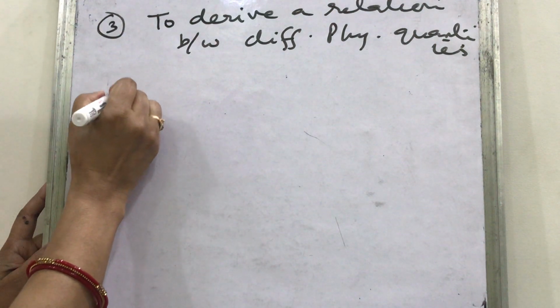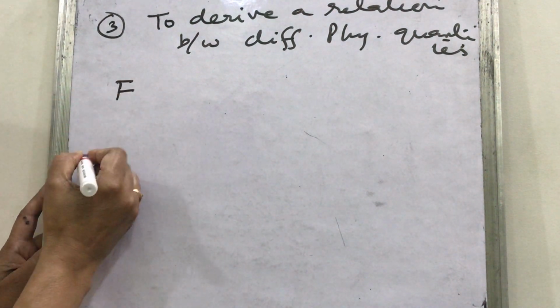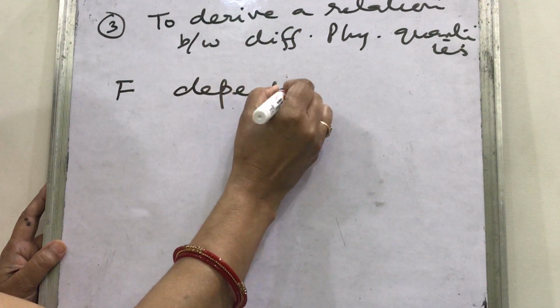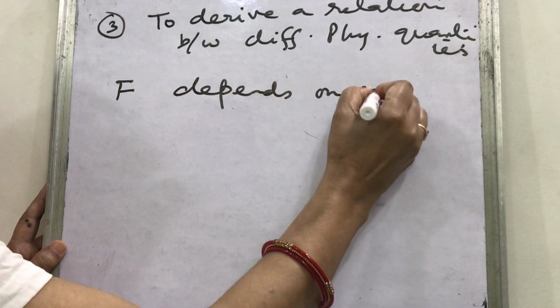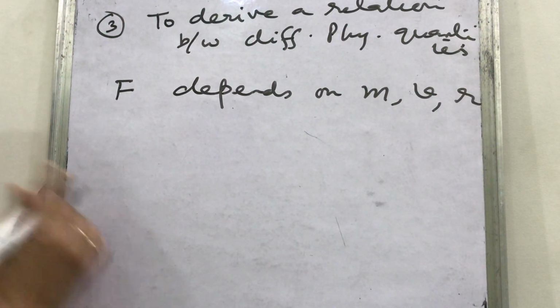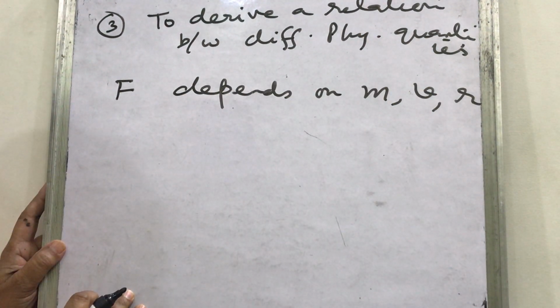Let us take an example. The centripetal force depends upon mass, velocity and radius of the circular path. Derive the expression.